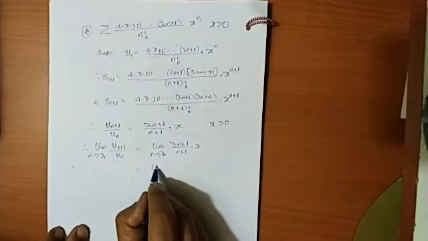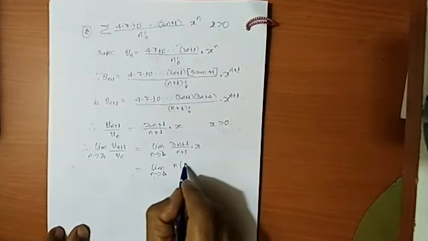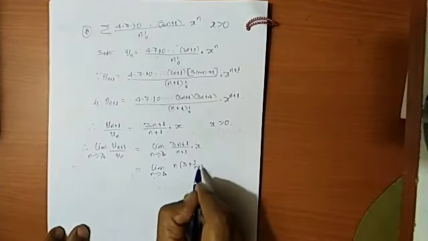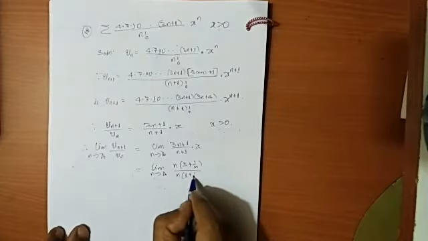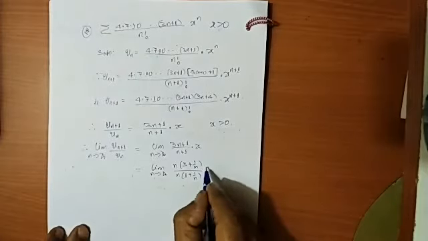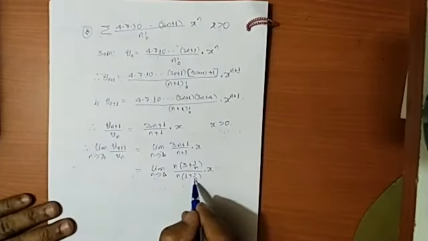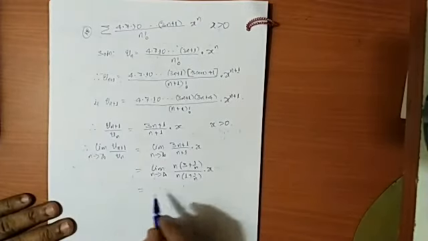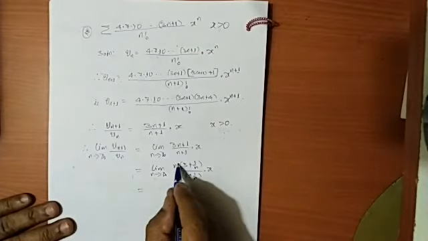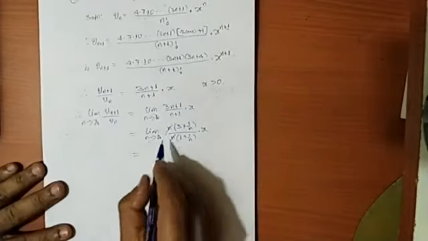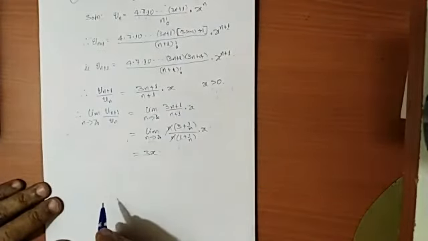Limit as n tending to infinity, it is n times 3 plus 4 by n, divided by n times 1 plus 1 by n, into x. Now this will be equal to, see, 1 by n gives me 0 as n tending to infinity. These two n's cancel. So this will be 3 times x.